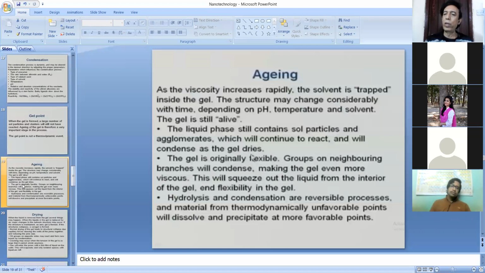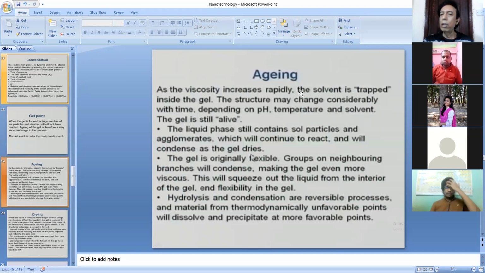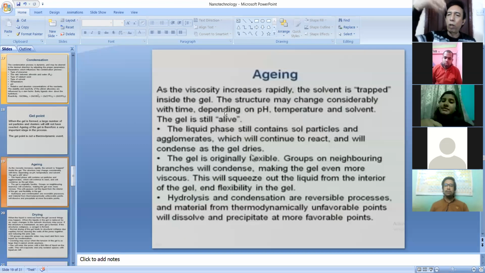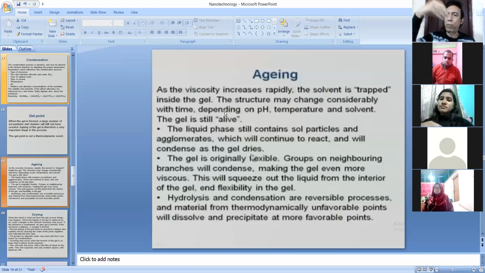If you wait for a stipulated amount of time, what will happen? As the viscosity increases rapidly, because when gel formation starts, the viscosity of the solution increases rapidly, and this solvent is trapped inside the gel. Gel is a three-dimensional structure, and solvent is trapped inside the gel.